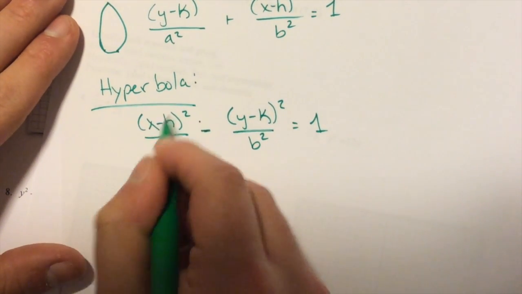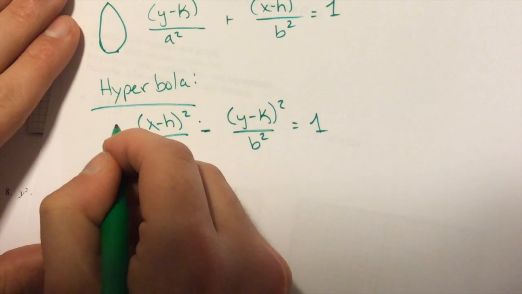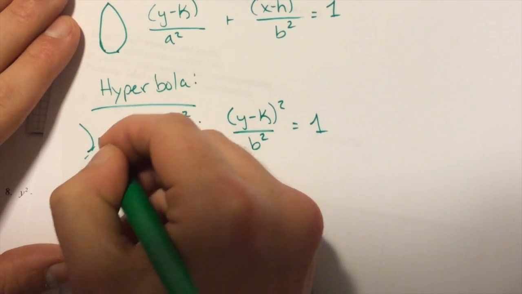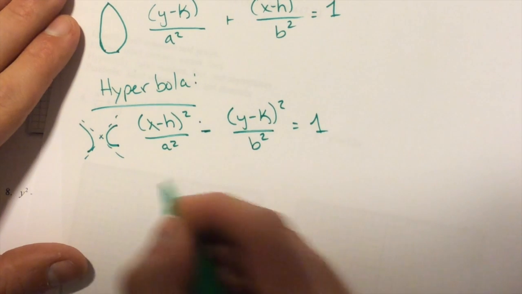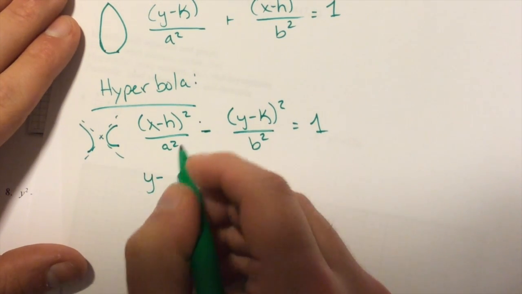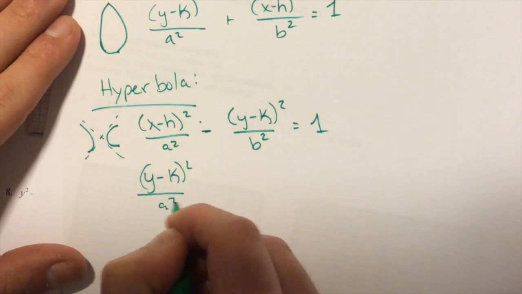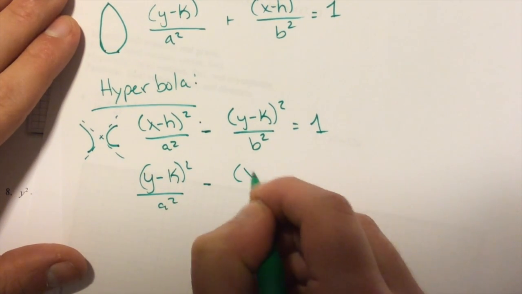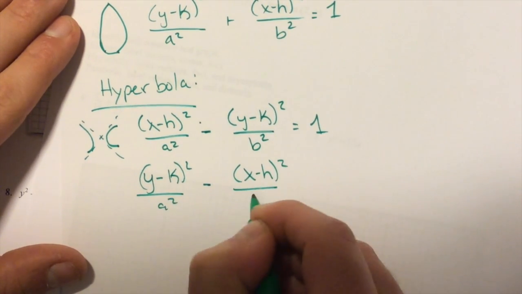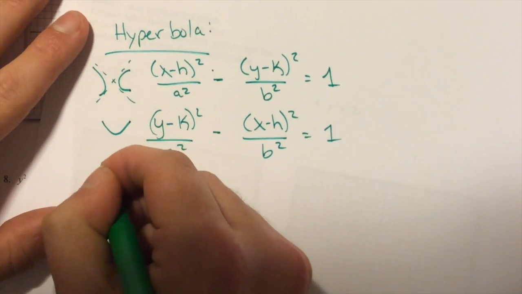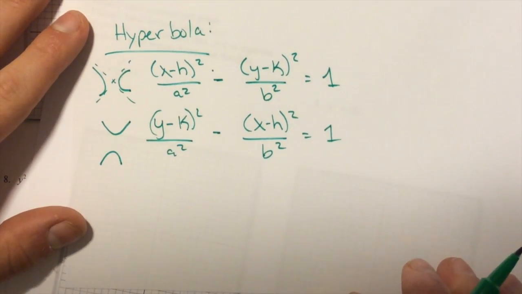This is when x is the positive value, we go sideways, and we'll have our slant asymptotes in there. If we have (y minus k) squared first over a squared minus (x minus h) squared over b squared equals 1, then we'll have two parabolas that would be vertical.